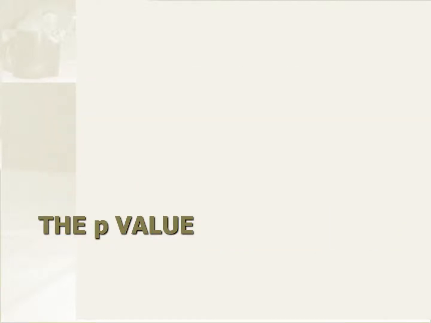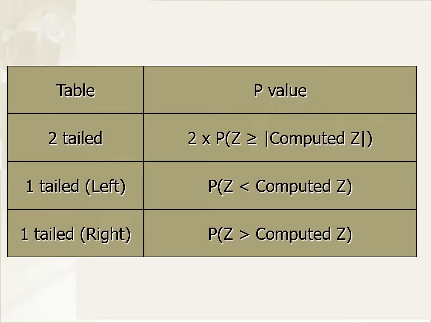Now let us speak about the p-value. If you do testing of hypothesis using SPSS or any such package, you are going to talk about the p-value. What exactly? The p-value for a two-tailed hypothesis is the area on both sides of the computed z, that is the area on either side of plus or minus computed z.